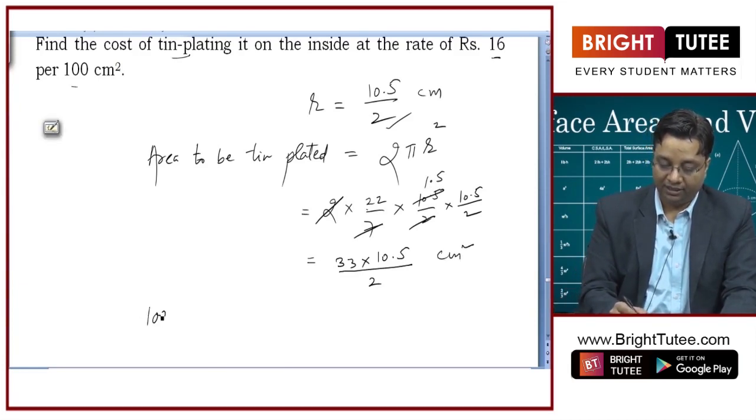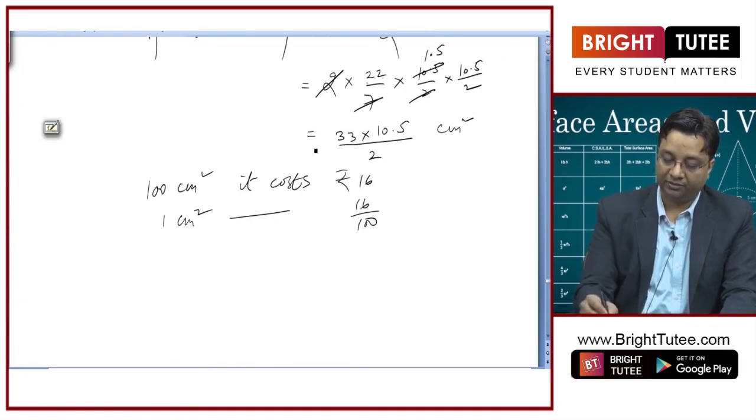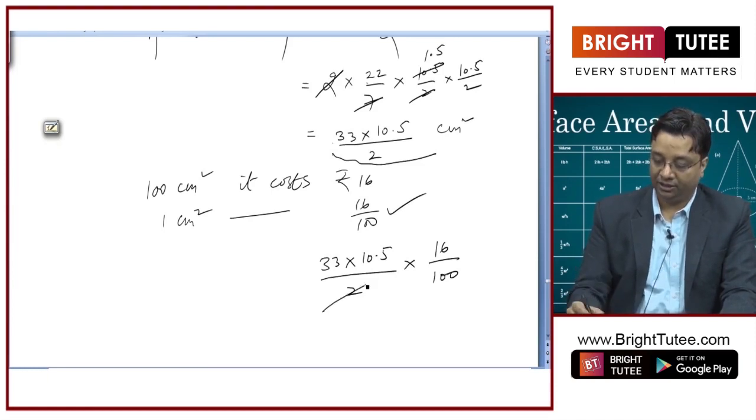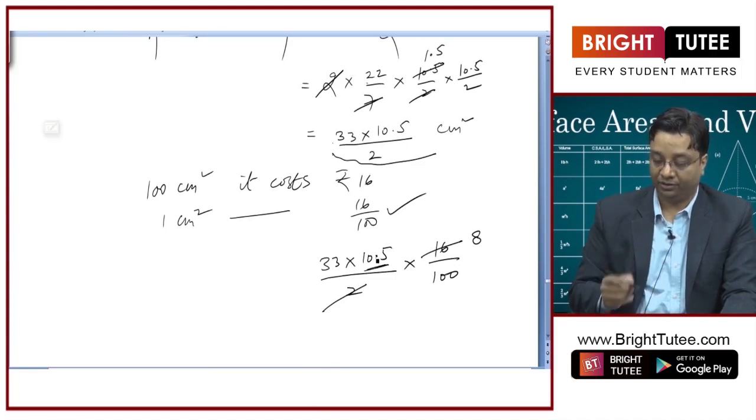For 100 centimeter square, it costs rupees 16. For 1 centimeter square, it will cost 16 by 100, and for this much area, it will cost 33 into 10.5 by 2 into 16 by 100. So it will be 8 here. Now if I multiply 8 with 105, it will give me 840, right? And there is a decimal here, so it will give me 84.